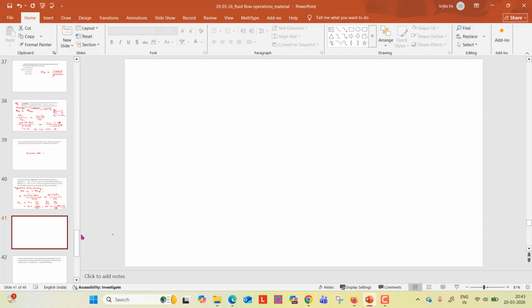So we have similarity of pressure coefficient, which is F by rho v square d square. For the prototype, Fp by rho p Vp square dp square equals Fm by rho m Vm square dm square, right?